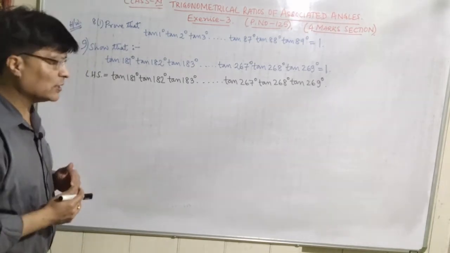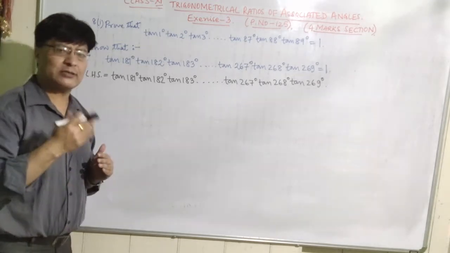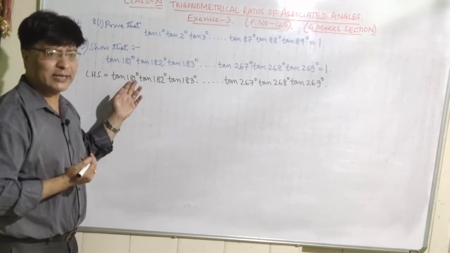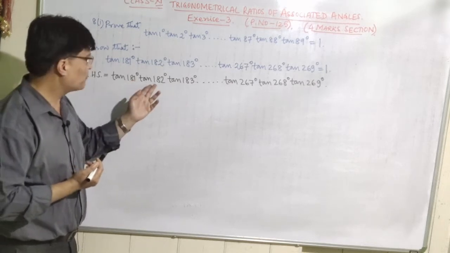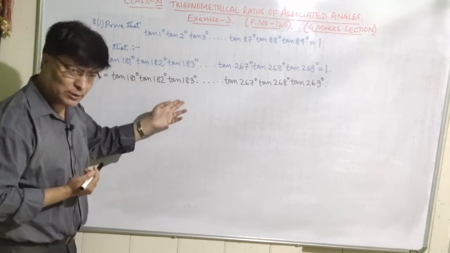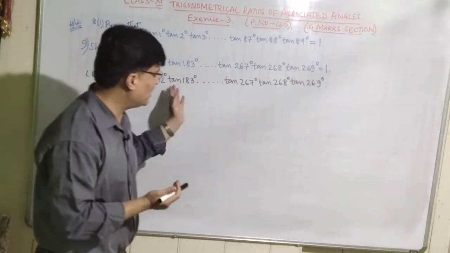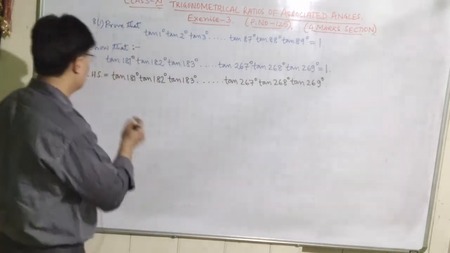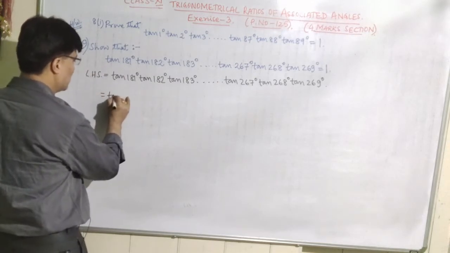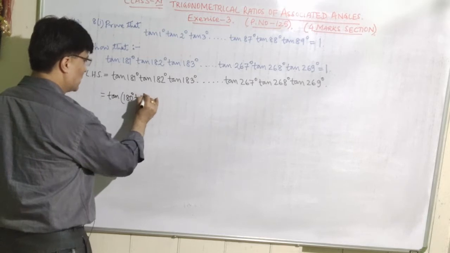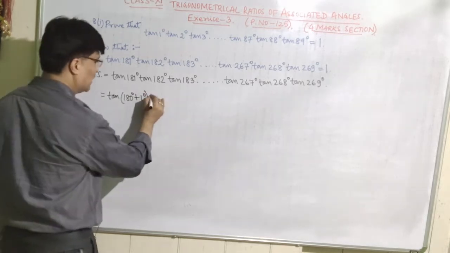So let us convert it into smaller angles. That is, 181 degree can be written as 180 degree plus 1 degree, 182 is 180 degree plus 2 degree, 183 degree means 180 degree plus 3 degree, and so on. Right? So now it is tan 180 degree plus 1 degree, which is tan 181 degree.